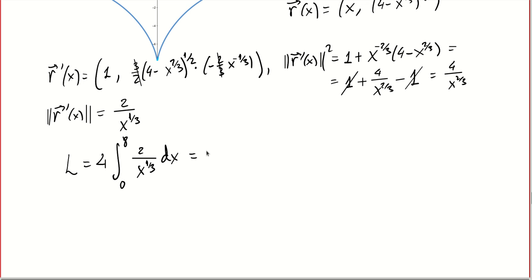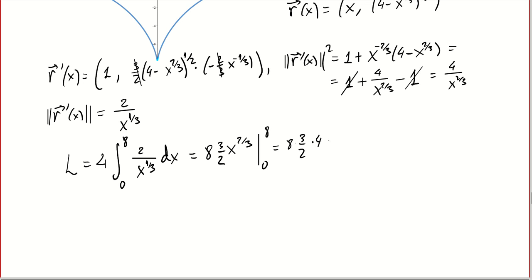So the integral of this is, well, 2 by 4 is 8, and then the primitive of this is just x to the 2/3 multiplied by 3/2, between 0 and 8. You can see that when you substitute x by 0, you get 0 here, so there's no problem at 0. It's perfectly convergent. If we substitute x by 8, what we have is 8 times 3/2, and then 8 substituted here: the cube root of 8 is 2, and 2 squared is 4, so it's multiplied by 4.